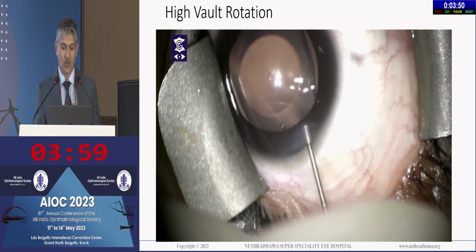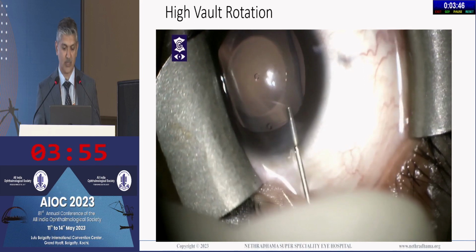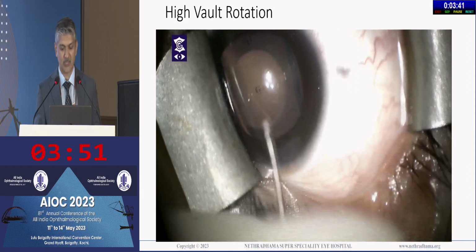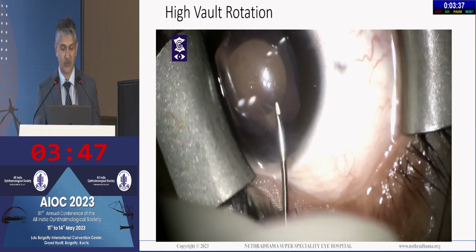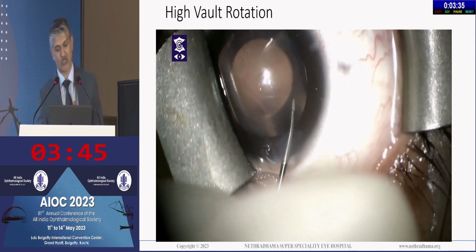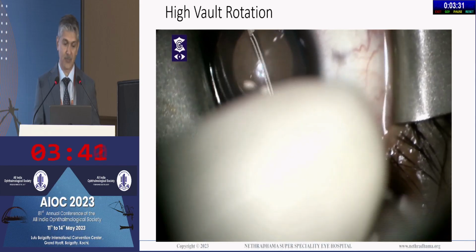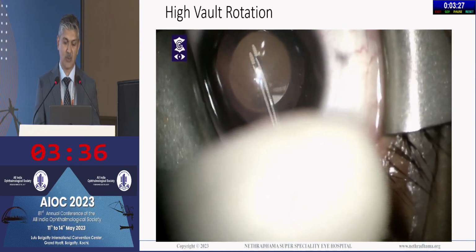So what I am doing here is I am rotating the lens. I just go with BSS. You can put in a little bit of viscoelastic so that the chamber does not collapse. I'm using my cannula where I can inject viscoelastic at the same time and also use it as a manipulator. And then I gently rotate the lens into the vertical position so that the haptics are placed vertically.